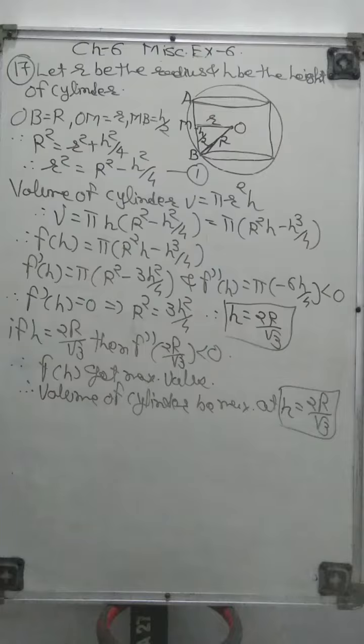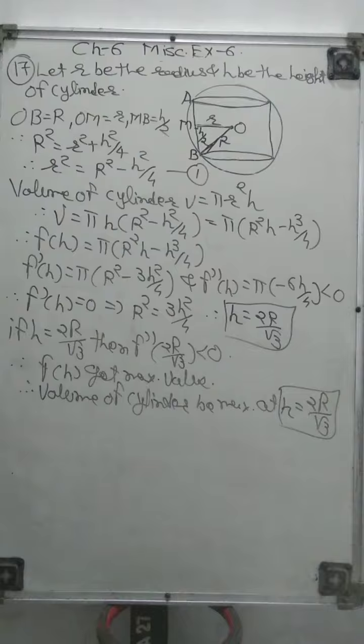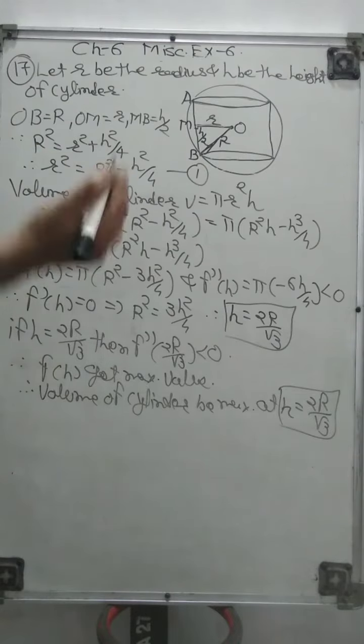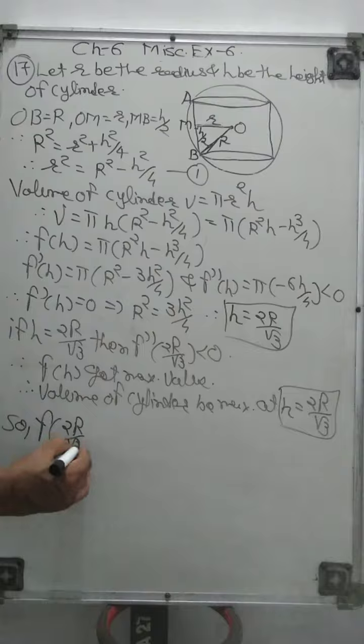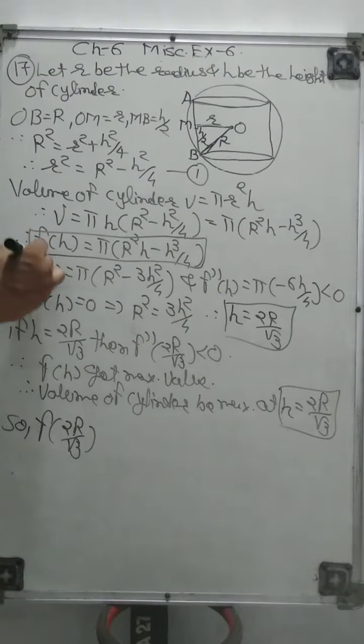We want to find the maximum volume. So for maximum volume, we put here the value of h, so f(2R upon root 3) is equal to, here we place our value.